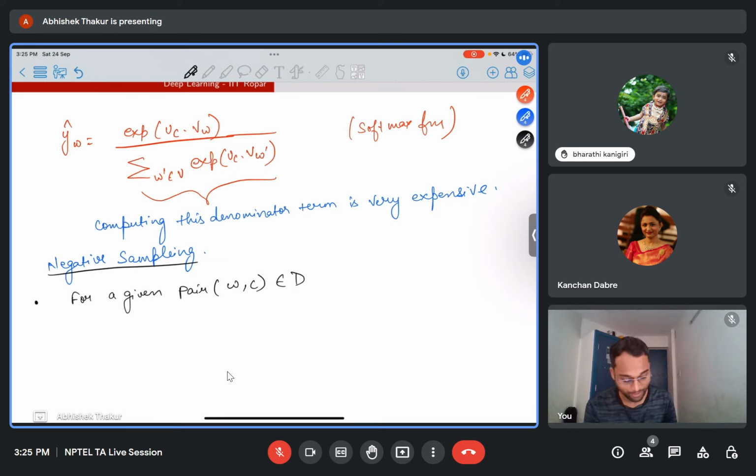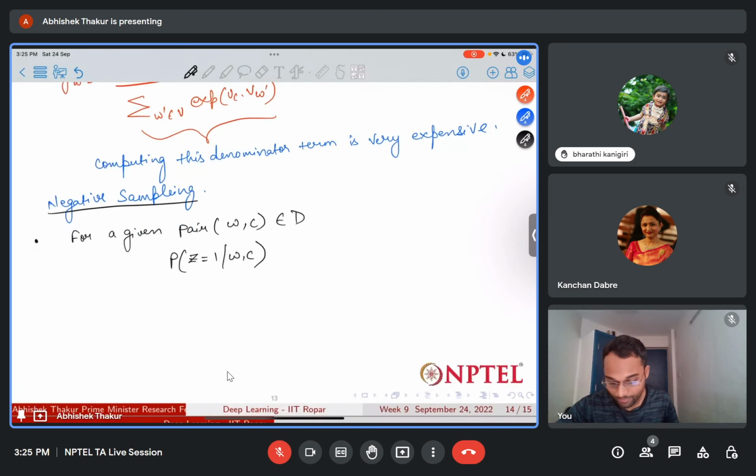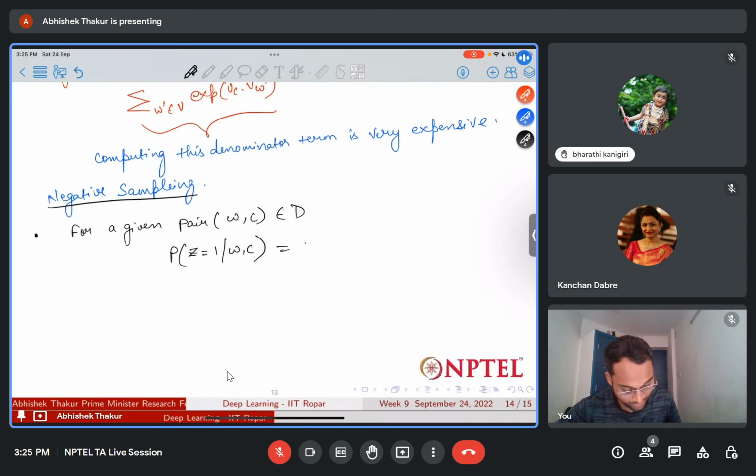So we have to maximize it. For maximizing, we take a random variable z equal to 1, which is always true when WC occurs together. We maximize this using the sigmoid of UC transpose VW, so this will be 1 by 1 plus e to the power minus.